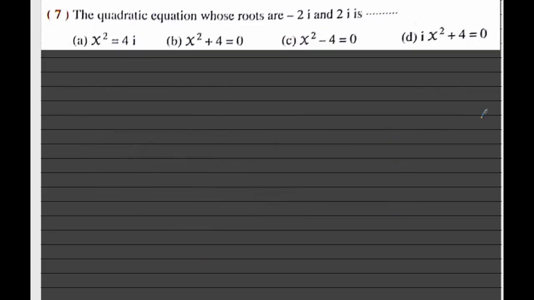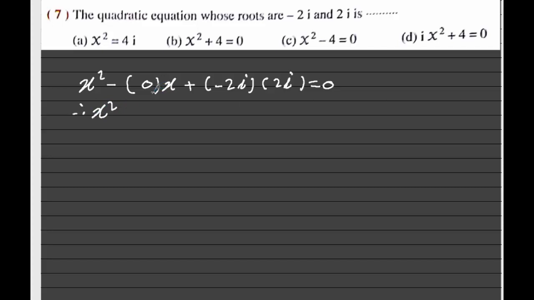Question number 7. The quadratic equation whose roots are negative 2i and 2i. So the quadratic equation will be x squared minus the sum of the two roots, negative 2i plus 2i, multiplied by x plus the product of the two roots, negative 2i multiplied by 2i, all equals 0. So x squared minus 0x, it will be 0.